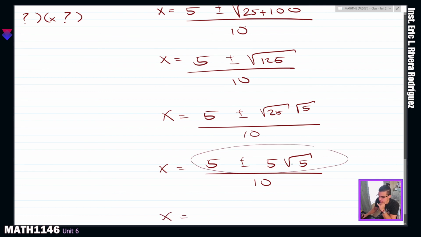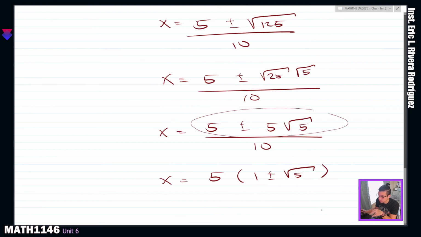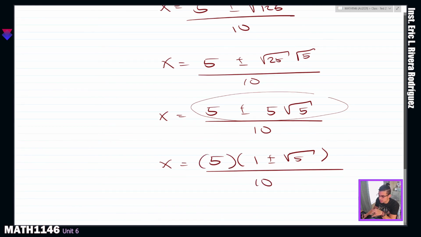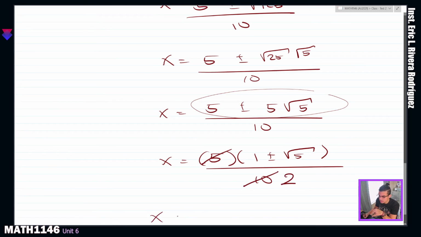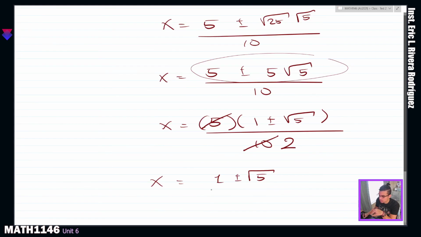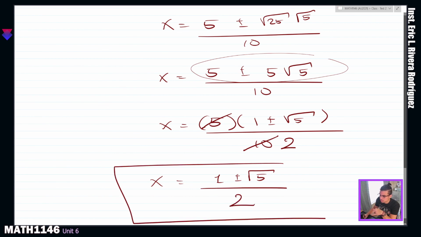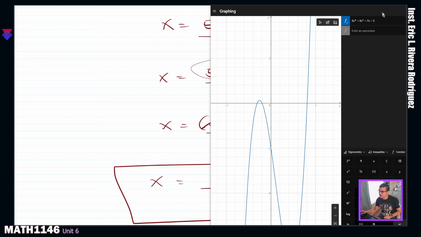Here in the numerator we have two terms, 5 and 5 times square root of 5. We can factor out 5. We get 1 plus or minus square root of 5, all this over 10. Because we factored the numerator, we can cancel this 5 with this 10. So our result becomes this, and those are the two irrational zeros that we are seeing here.